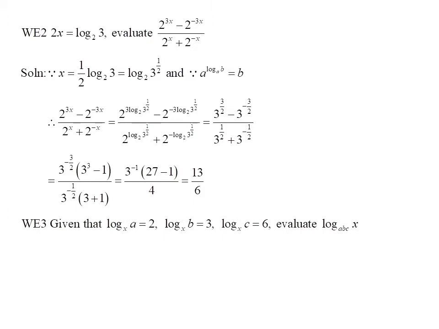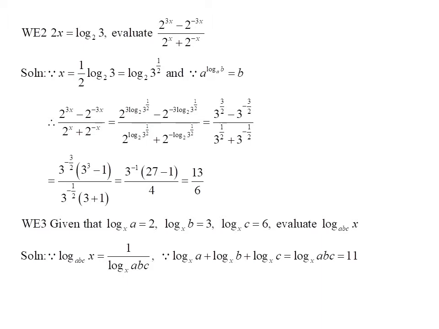Example 3 is to evaluate logarithm base abc of x, given that logarithm base x of a equals 2, logarithm base x of b equals 3, and logarithm base x of c equals 6.